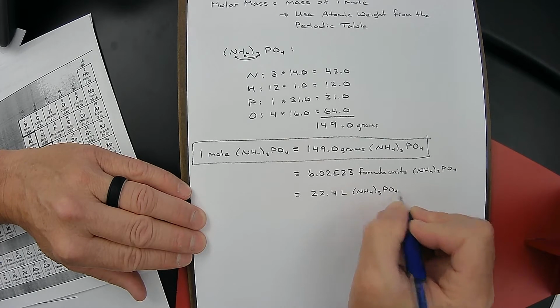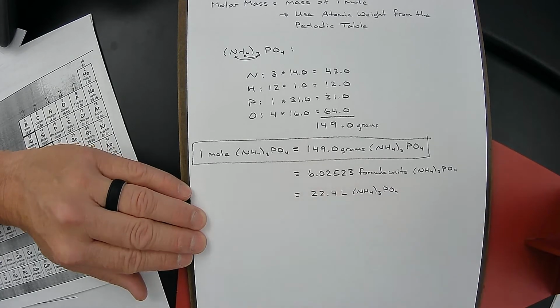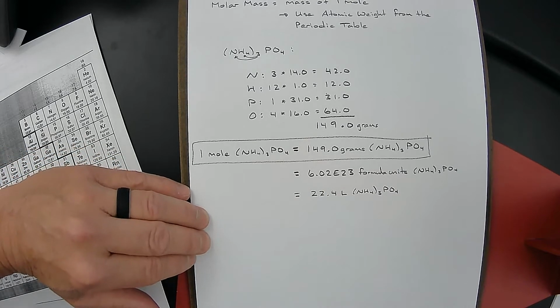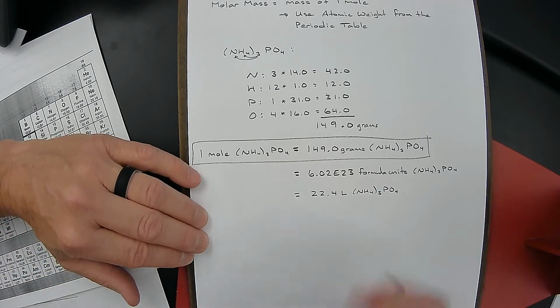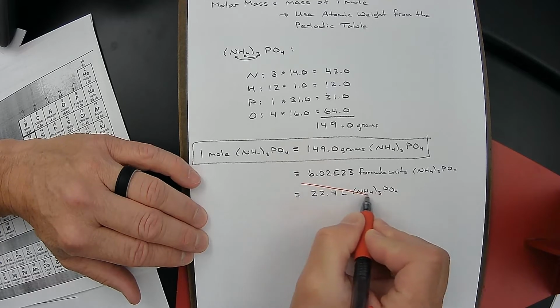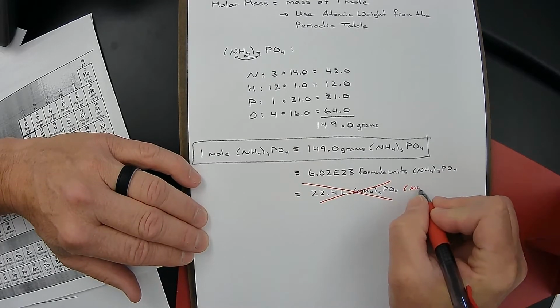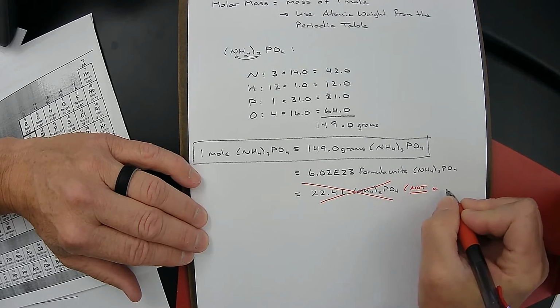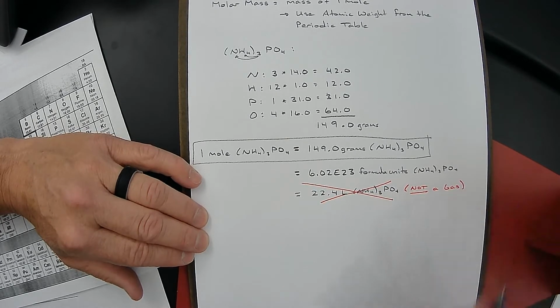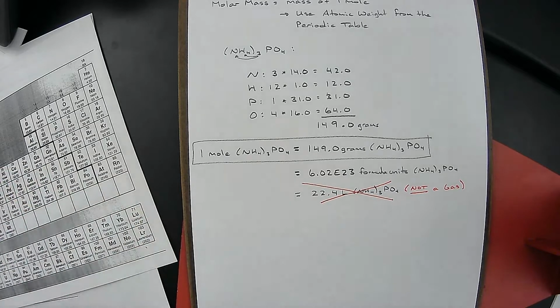(NH4)3PO4 is an ionic compound. It is not a gas, so this last piece we cannot write. We can only write the first 3 pieces.